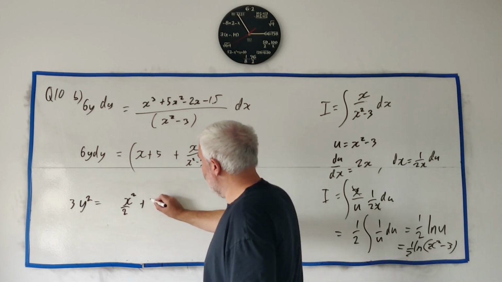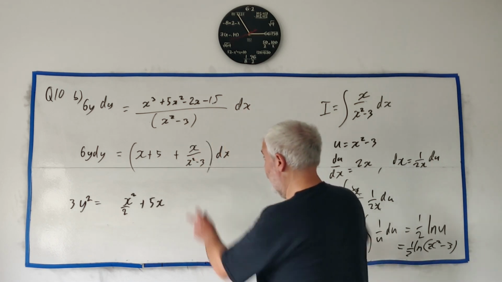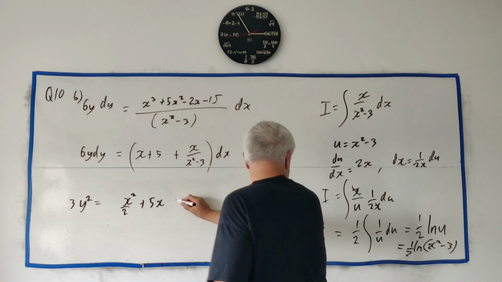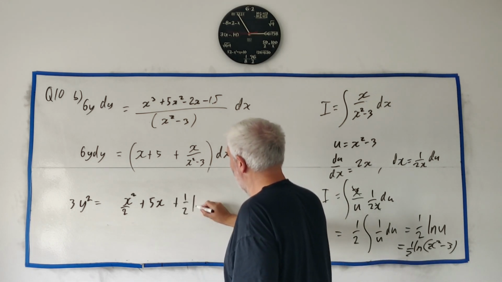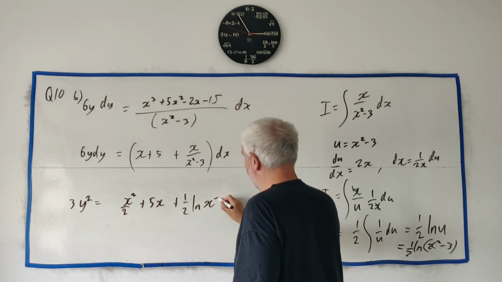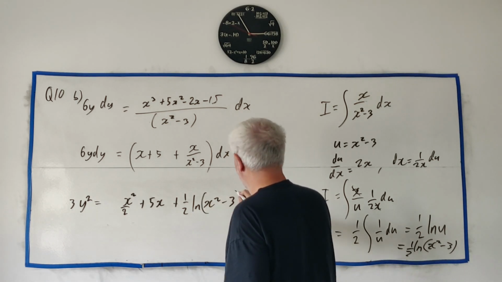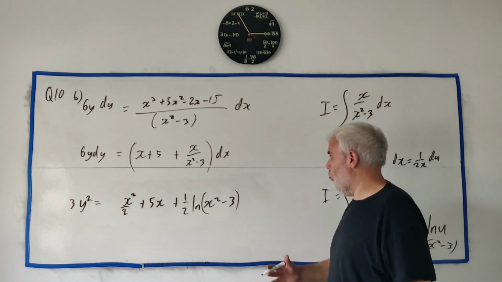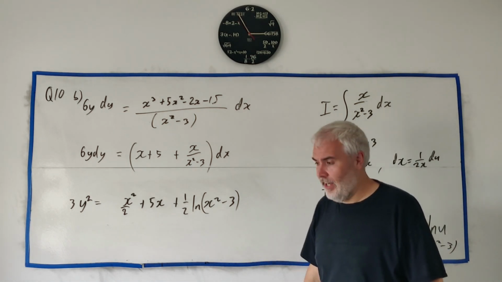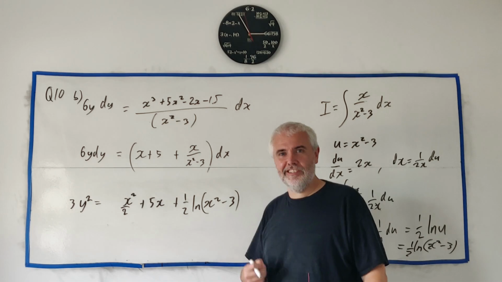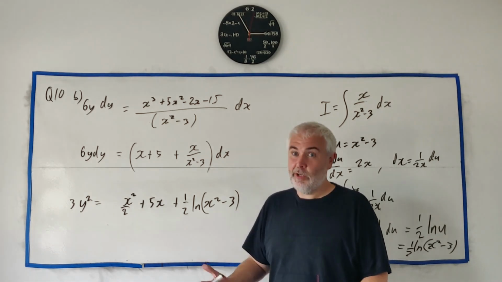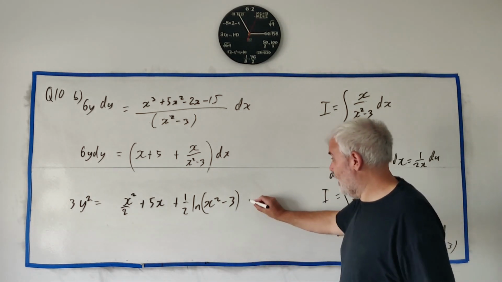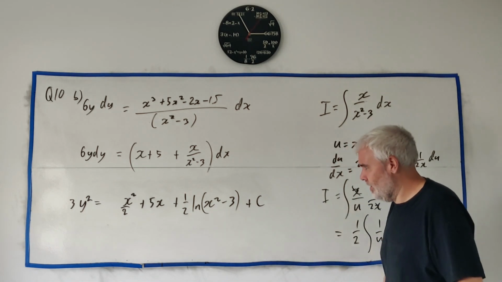The 5 becomes 5x, and as we just did over here, this becomes 1 over 2 natural log of x squared minus 3. And they all have constants. So we can just put all those constants together, a constant plus a constant plus a constant just equals a different constant. We don't really care about the names of them. I'm just going to call them C.